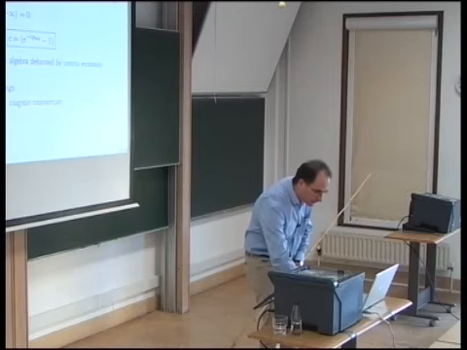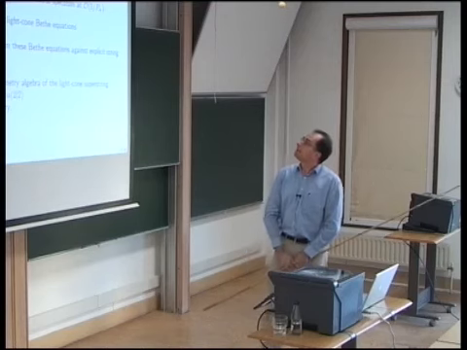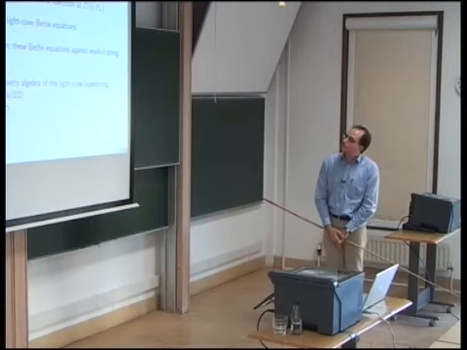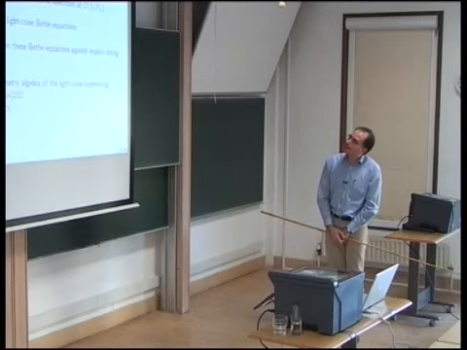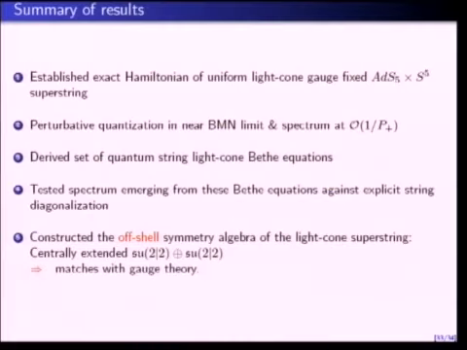Right, so this should bring me to my end. Good. In this talk, I introduced you to the uniform light cone gauge for the AdS5 x S5 string, and the upshot was an exact gauge fixed Hamiltonian for this system, including all the fermionic degrees of freedom. I then discussed its perturbative quantization in the near BMN limit and determining its spectrum at leading order in 1 over p plus.